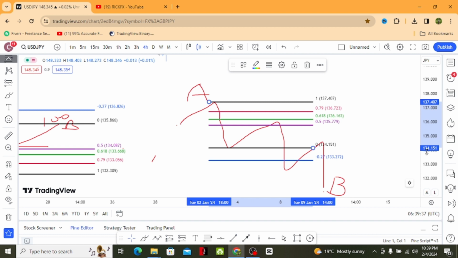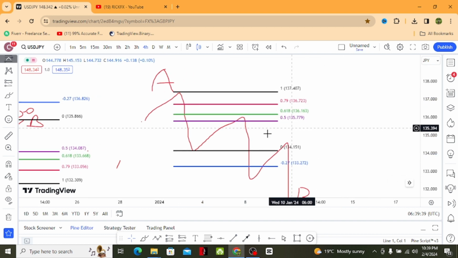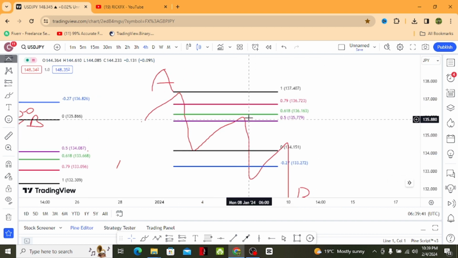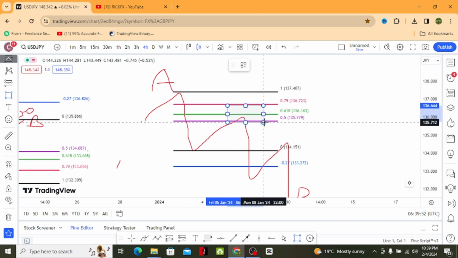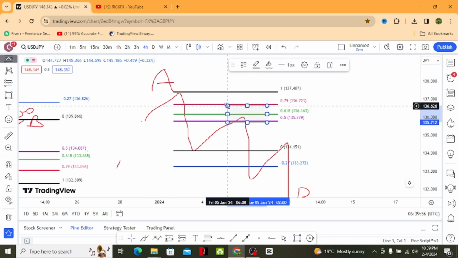So these points are going to be my important zones that I'm waiting for price to retrace to. I want to see price get to either the 0.5 or the 0.618 or 0.79. These are my important zones.